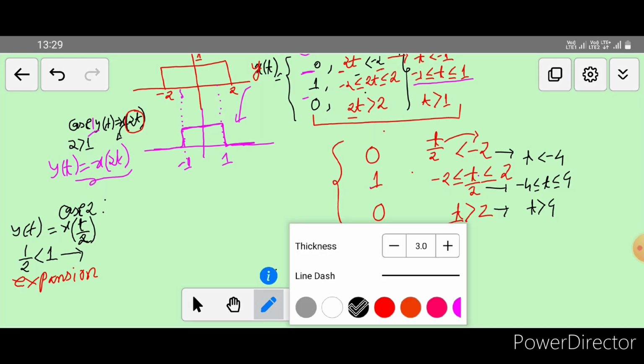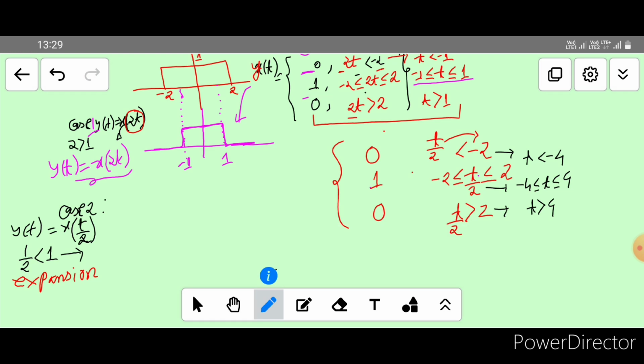We can see that, if we extend this, we are now plotting our case 2. From the definition of y(t) in case 2, when t is less than minus 4, the value of y(t) is 0.